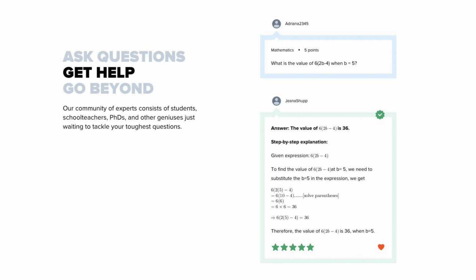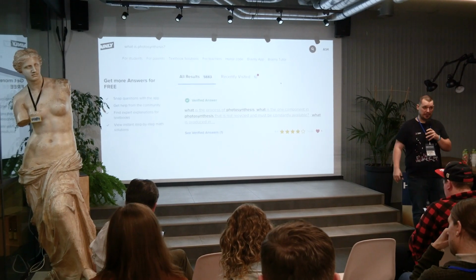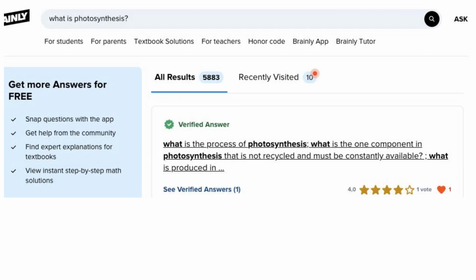Learners help each other proceed. They can ask questions. Those questions will be answered by somebody from the community, and it usually happens very quickly. But they can also find those questions. Any questions that were asked are available in our database. You can search for them, and that's basically how it looks.